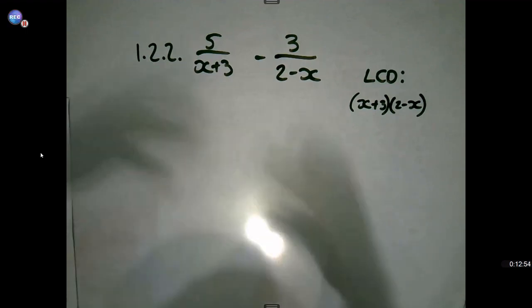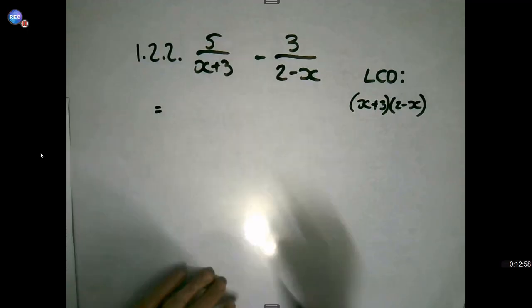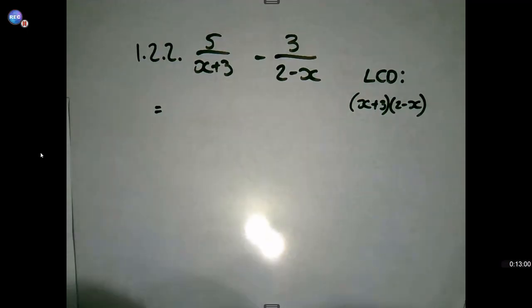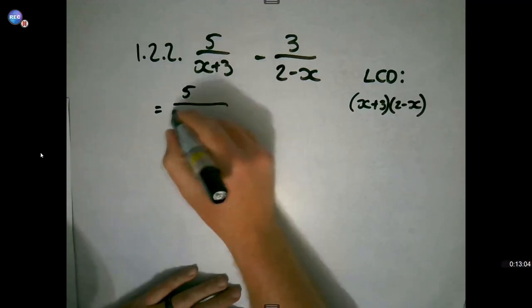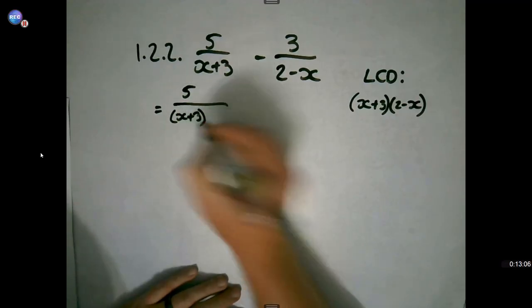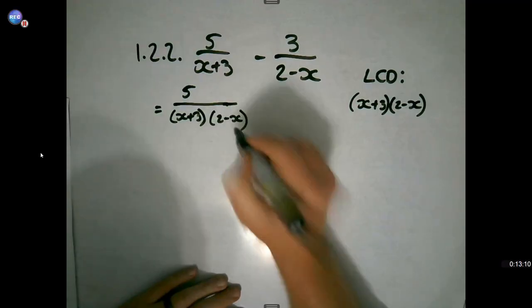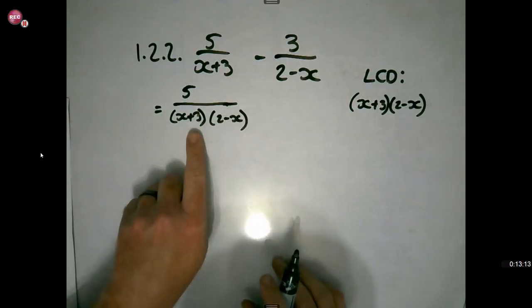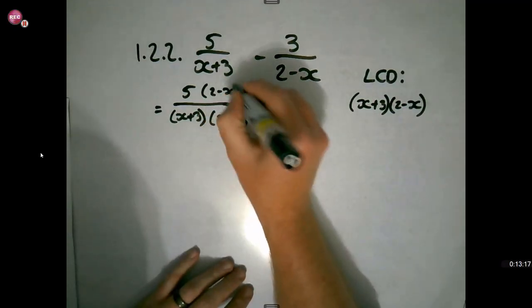So in order to get your LCD the same, you need to do the following. But remember, what you do at the bottom, you obviously need to do at the top. So we've got the 5, x plus 3, then I've got the 2 minus x that I multiply the x plus 3 with. But what I multiply with at the bottom, I need to multiply with at the top.